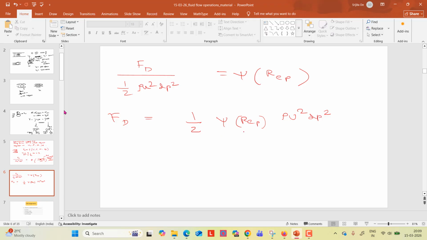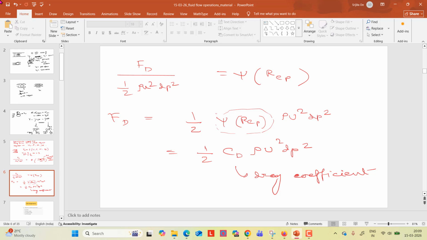This term can be called the drag coefficient, CD, so this CD is the drag coefficient. Now you can understand that from the Buckingham pi theorem, we are calculating this.